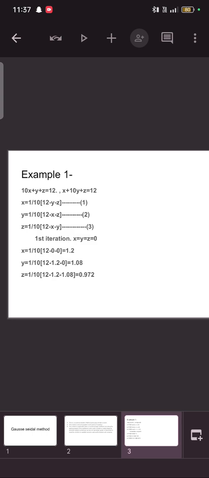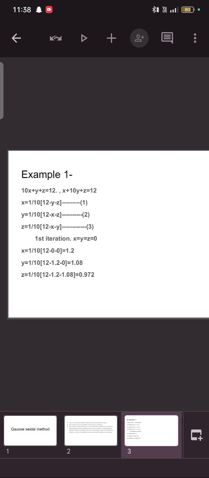In the first iteration we take x is equal to y is equal to z is equal to 0. Then x becomes 1 by 10, so as we have taken y and z equal to 0, we replace those values and get the value of x as 1.2.